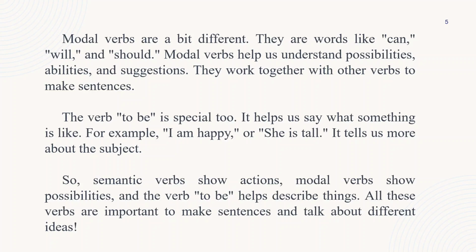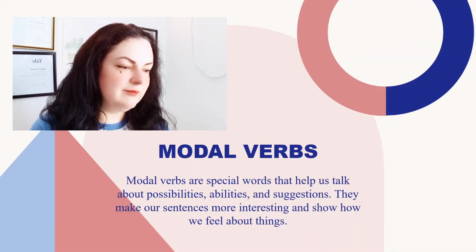For example, I am happy, or she is tall. It tells us more about the subject. So, semantic verbs show actions, modal verbs show possibilities, and the verb to be helps describe things. All these verbs are important to make sentences and talk about different ideas.